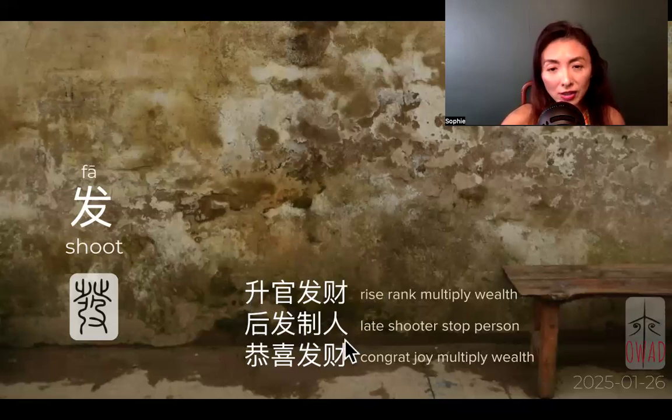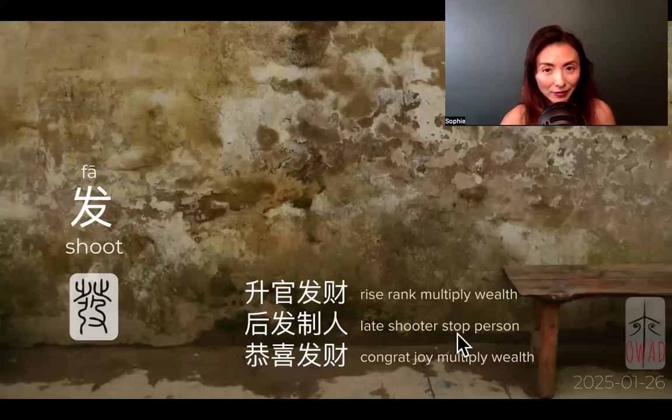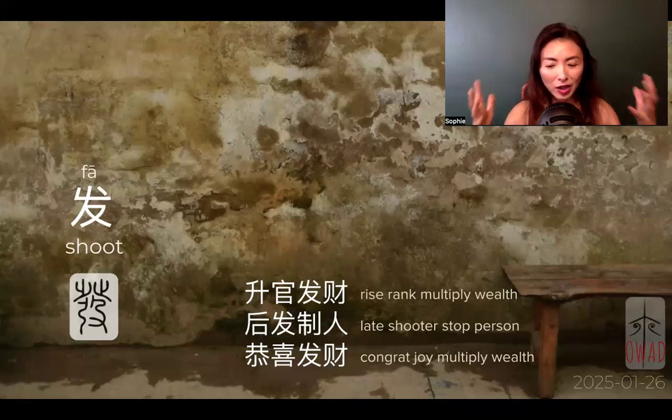后发制人, it says the late shooter is going to stop the opponent. So 后发制人, supposedly in this rivalry or this shoot-down or face-down scenario when you have two persons facing each other down, right?